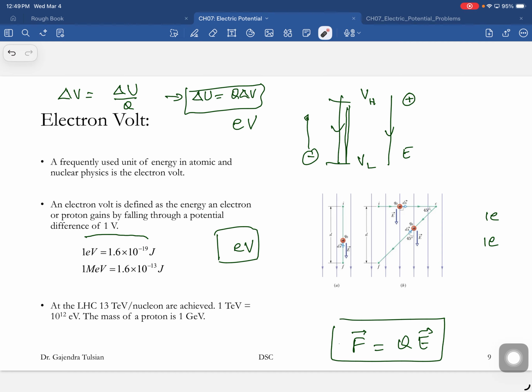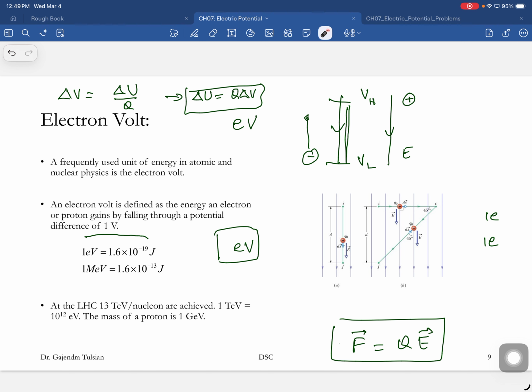And if you're doing nuclear physics, you're in the million electron volt range. The energies involved are 1,000,000 times more. In a particle accelerator, you're going to the tera electron volt range. That's a trillion electron volt range. So those are the kinds of energies involved.